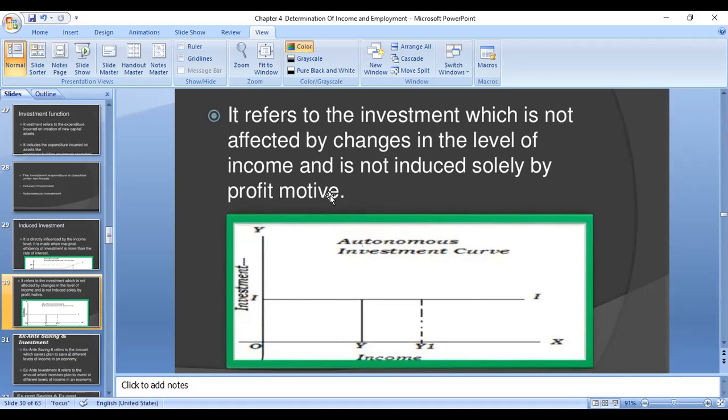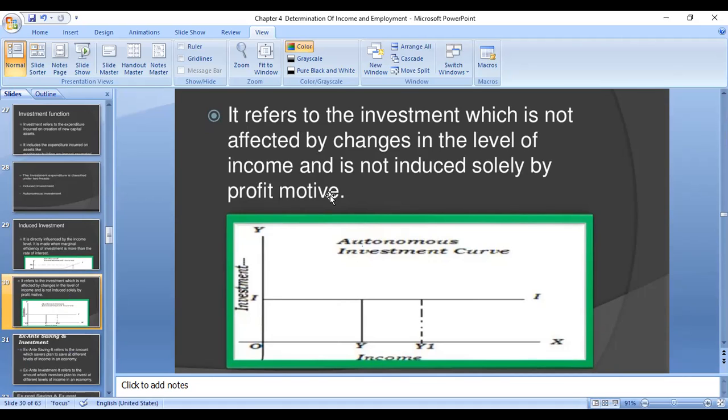As seen in the figure, the amount of investment remains constant at OI with respect to the levels of income OY and OY1 in the economy.